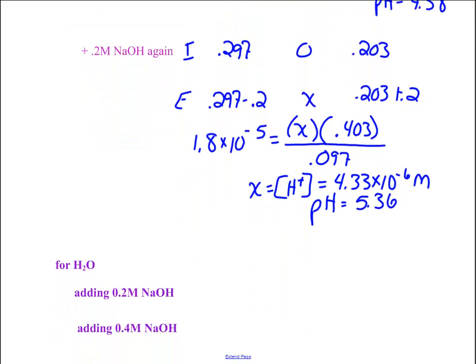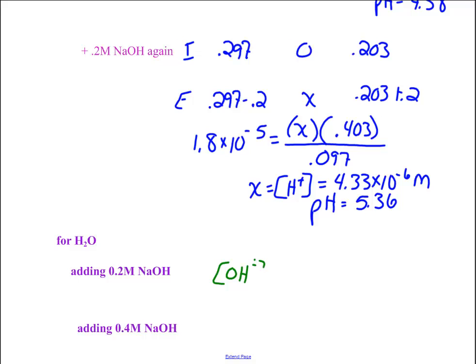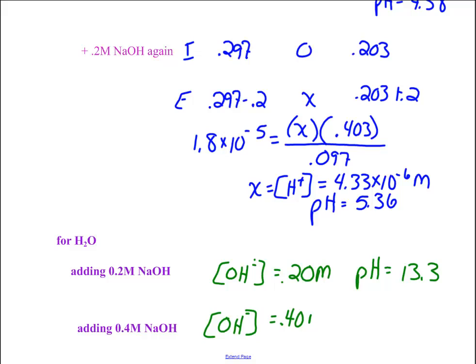Now, for comparison, if I wanted to start with water and I had 0.2 molar sodium hydroxide, that's just the concentration of hydroxide ions being 0.2 molar. And so if I do the pOH, I'm going to end up finding from that I have a pH of 13.3. If I look at adding 0.4 molar to water, so my hydroxide ion concentration now is 0.4 molar, I'm going to use the hydroxide ion to find the pOH.